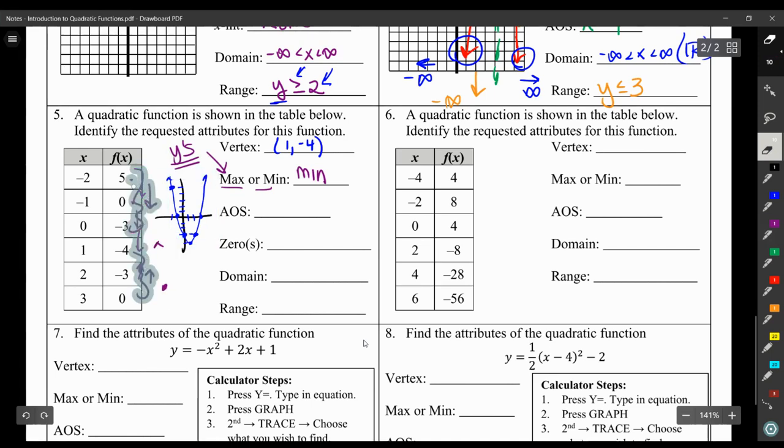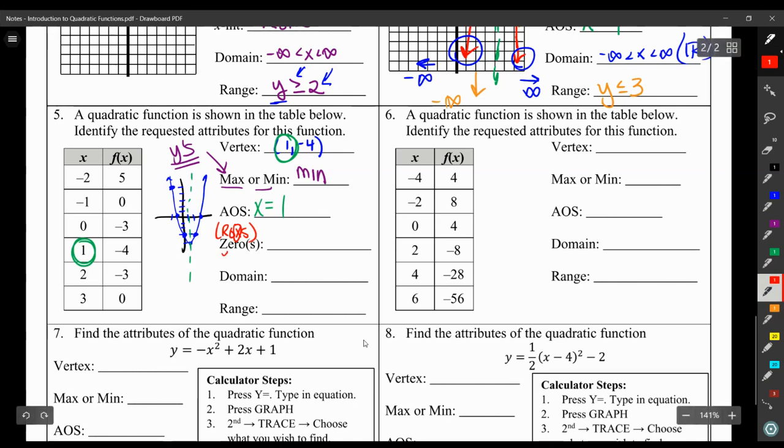So now for the axis of symmetry. Since we have the vertex, that one's really simple. The axis of symmetry is always x equals, and because it has to run directly through the vertex, it is always the x value of my vertex, which is 1. For the zeros, remember, zeros is part of that ROCKS acronym, and that just means x-intercepts.